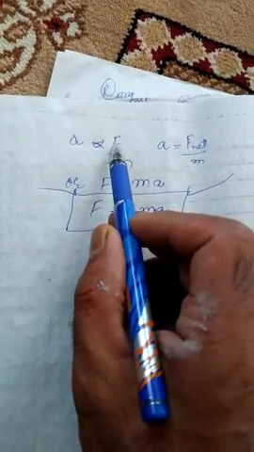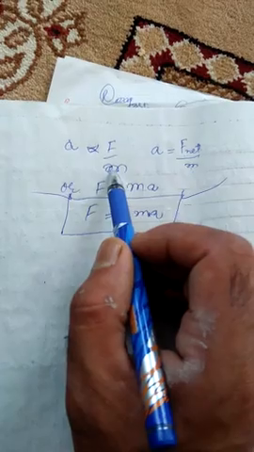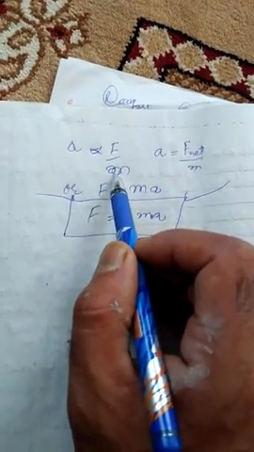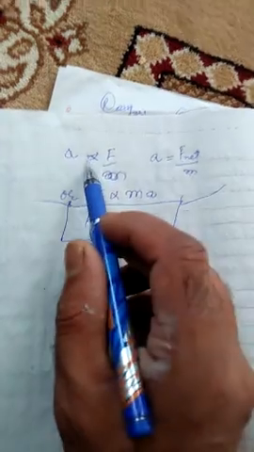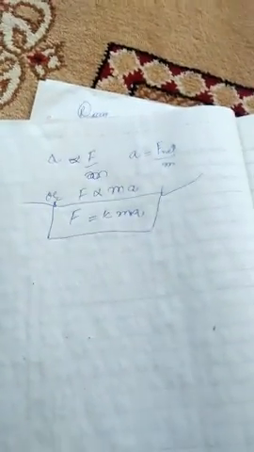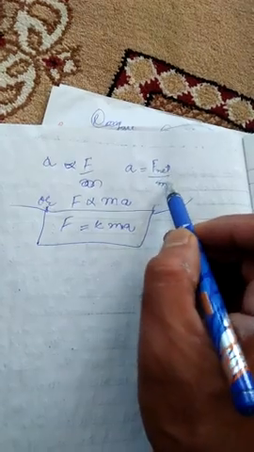If you increase the force, more acceleration is produced, and it is inversely proportional to the mass. If the mass of the object is greater, then by applying force, less acceleration is produced. So acceleration produced is equal to net force divided by m.